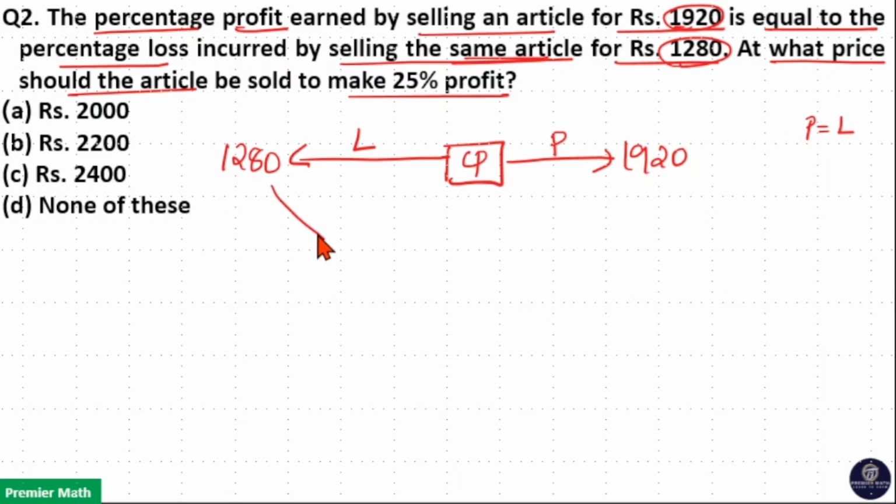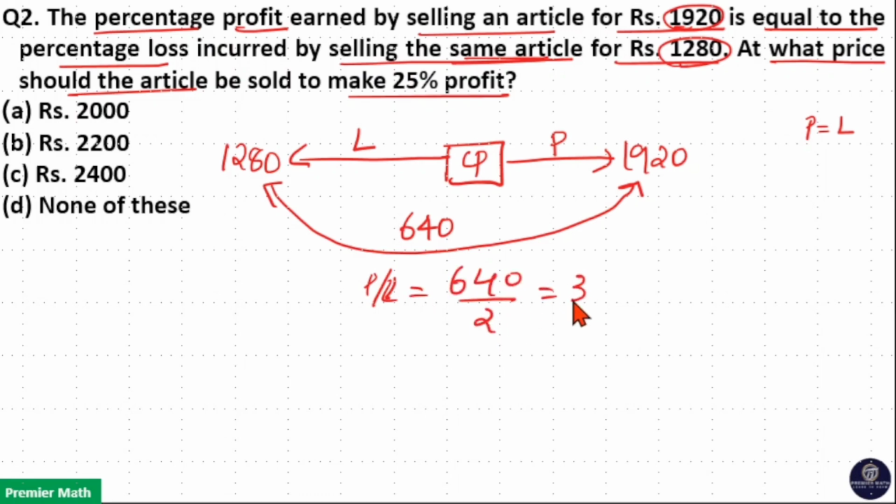So take the difference between these two selling prices. 1920 minus 1280 is 640. Here profit plus loss is equal to 640. Then profit is same as loss means profit or loss is equal to 640 divided by 2, which is equal to 320. That means here profit is equal to 320 and loss is equal to 320.